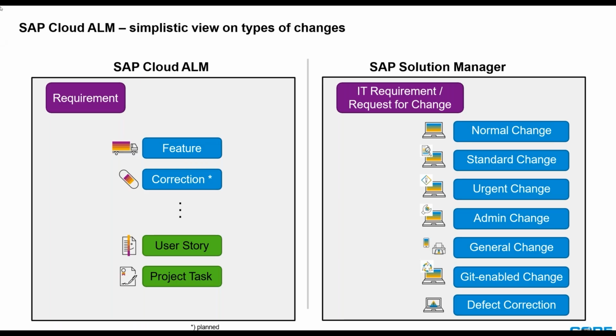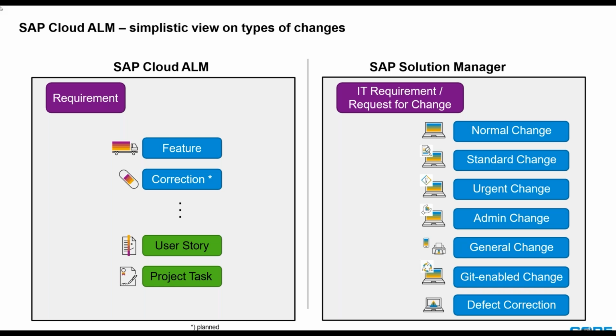Now, to go a step deeper, primarily around SAP Solution Manager ITSM, or Charm, for example. It's one of the topics that we get asked the most about, especially by those customers that are currently using Charm. On the right-hand side, you'll see all different types of changes, including some of the custom ones that many customers currently use today.